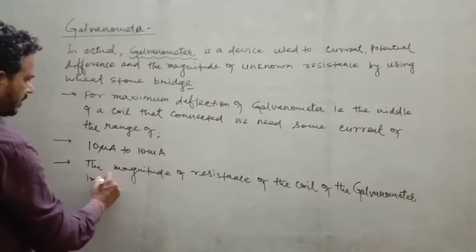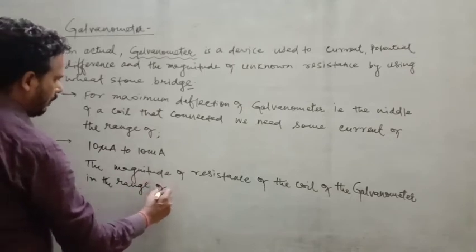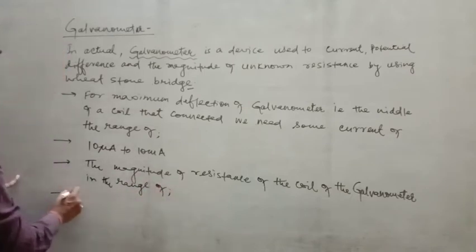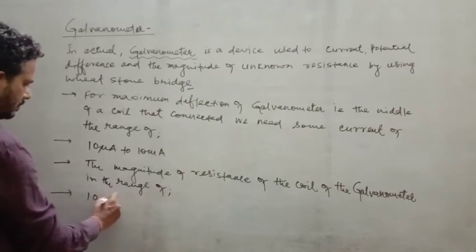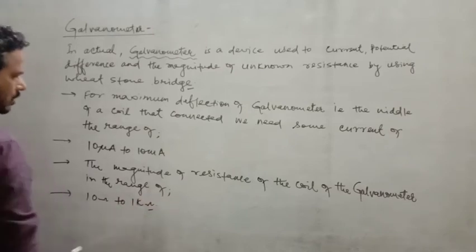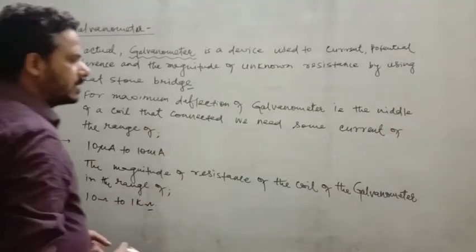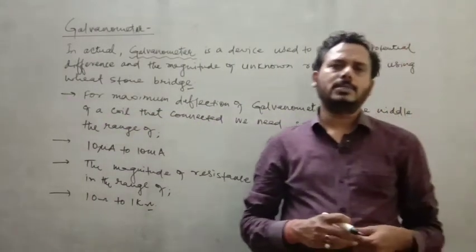Its range you can take as 10 ohm to 1 kilo ohm. This is the range of the resistance of the coil which is used in a galvanometer.